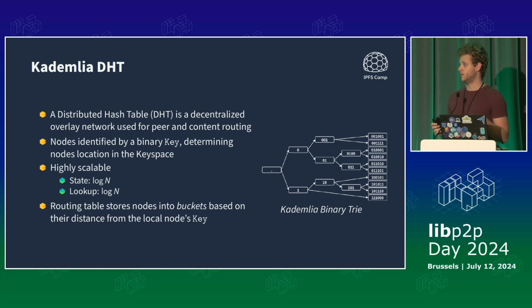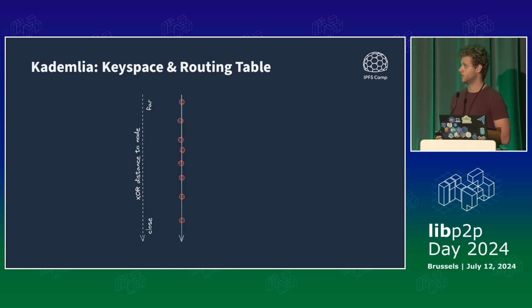And the routing table of Kademlia is organized into buckets. And so we'll see quickly how it works. So in this example, we represent the Kademlia key space as linear. So it's not exactly the case, but for this example, it's good enough. And so let's take the reference peer at the bottom of the arrow.